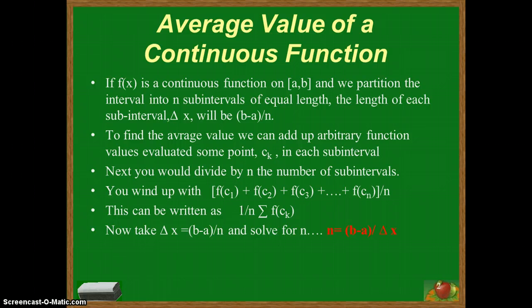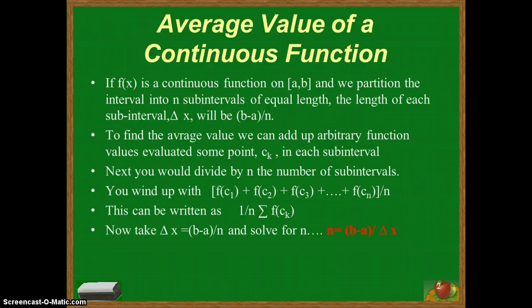To find the average value, we can add up some arbitrary function values evaluated at some point ck in each subinterval. If you remember, this is what we did when we talked about Riemann sums. Next, you just take that sum and divide it by n, the number of subintervals, the same way you'd find any average.